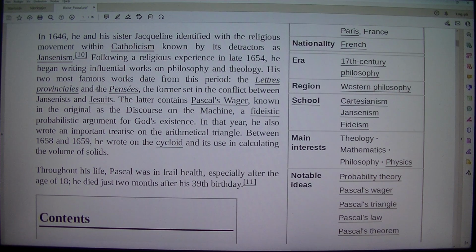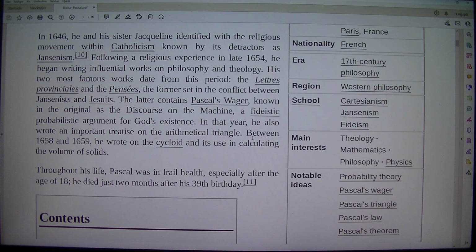His two most famous works date from this period: the Lettres Provinciales and the Pensées, the former set in the conflict between Jansenists and Jesuits. The latter contains Pascal's wager, known in the original as the Discourse on the Machine, a fideistic probabilistic argument for God's existence. In that year, he also wrote an important treatise on the arithmetical triangle.